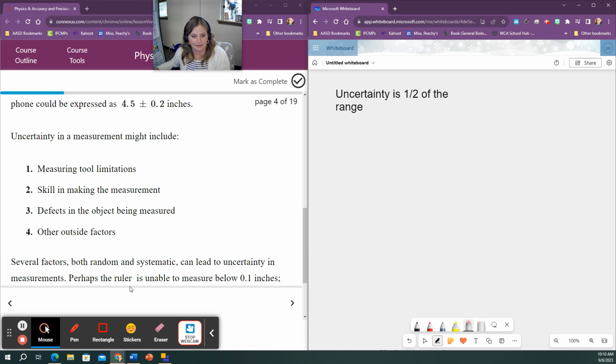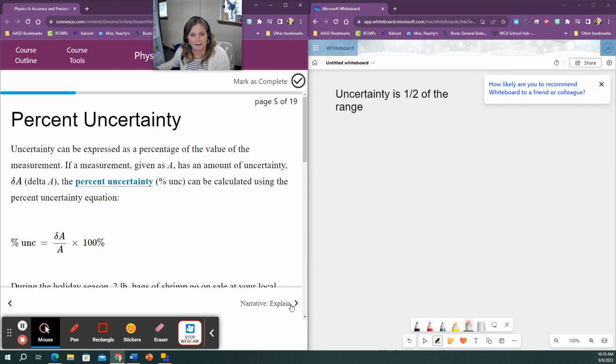Awesome. Okay, moving on ahead, let's take that plus or minus 0.5 pounds, that uncertainty, and make it into a percentage. You use this percent uncertainty formula to do that.